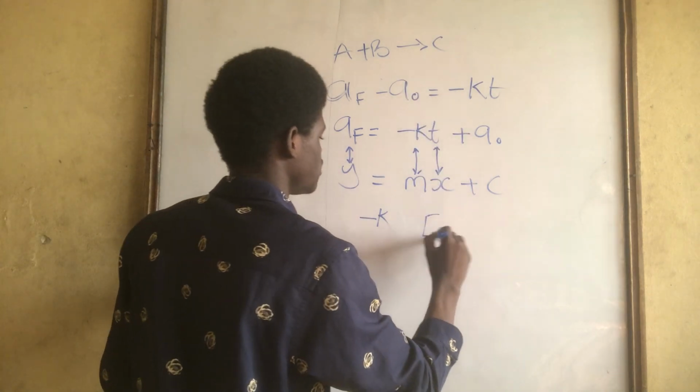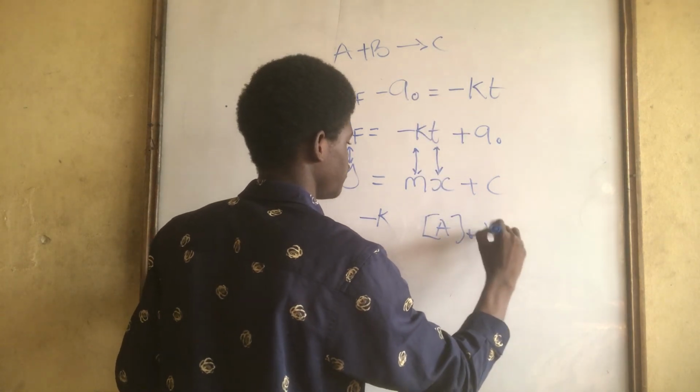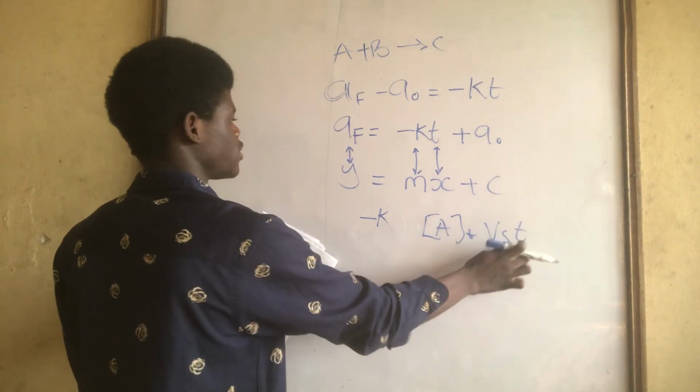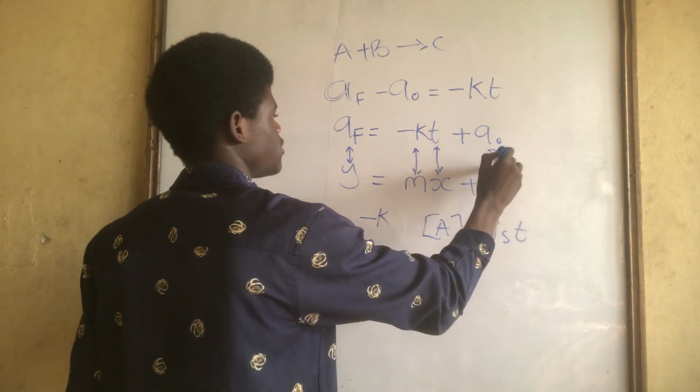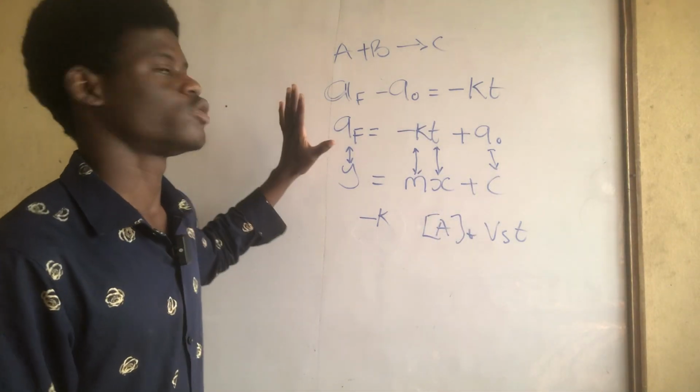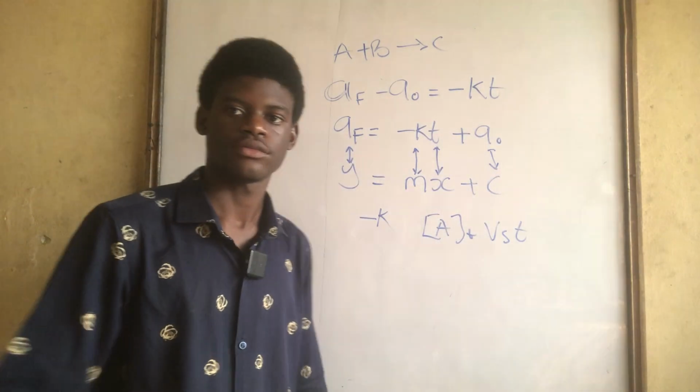That's why it is concentration of A versus time, y versus x, and the intercept is just this. So this is how we got to know that it is a zeroth order reaction.